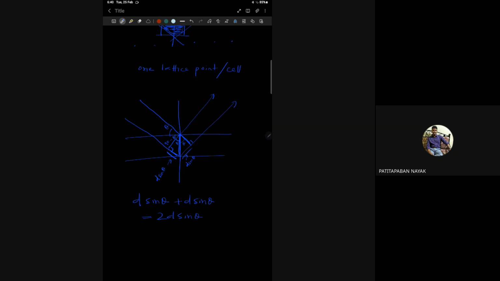And for constructive interference, the path difference should be equal to n lambda. So that is why 2d sin theta is equal to n lambda.